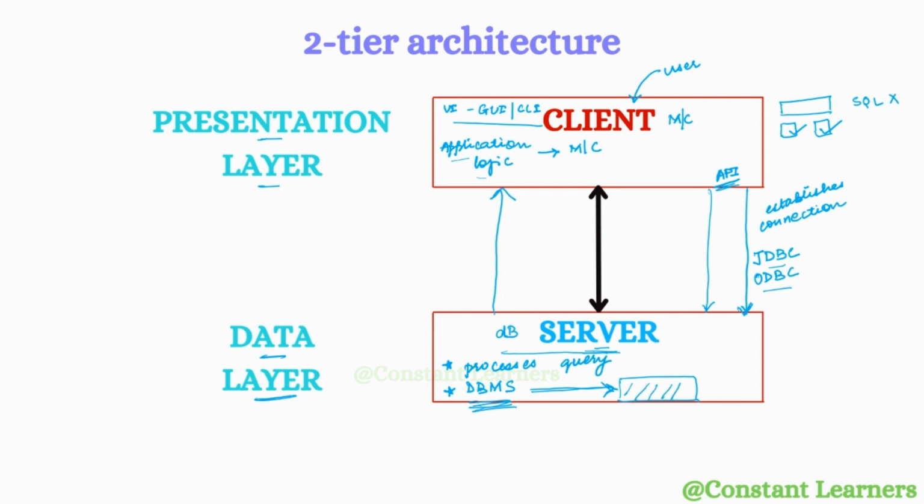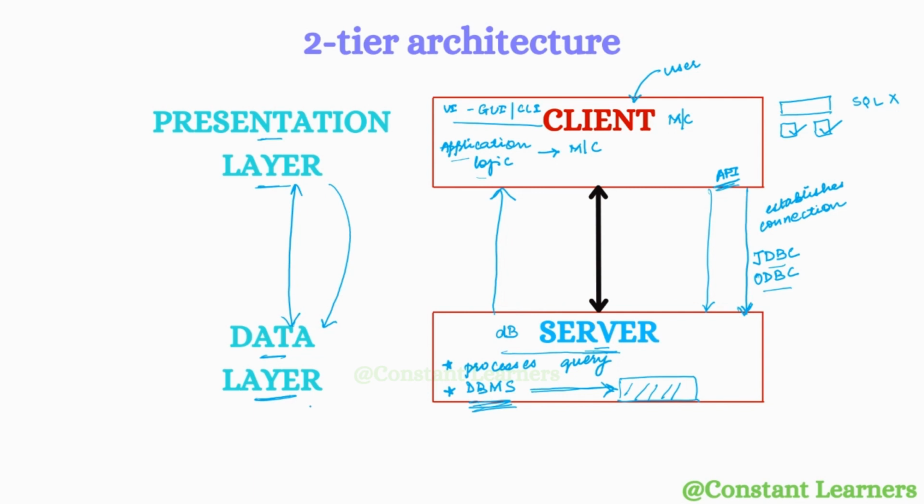So it is the job of the database management system to manage or store the data inside the database. So this data layer is interacting directly with the presentation layer. That is, the client and the database server are interacting with each other directly. The presentation layer is making a request to the data layer.